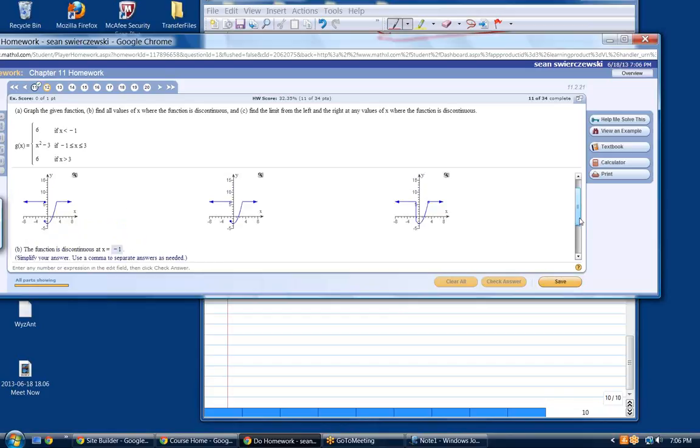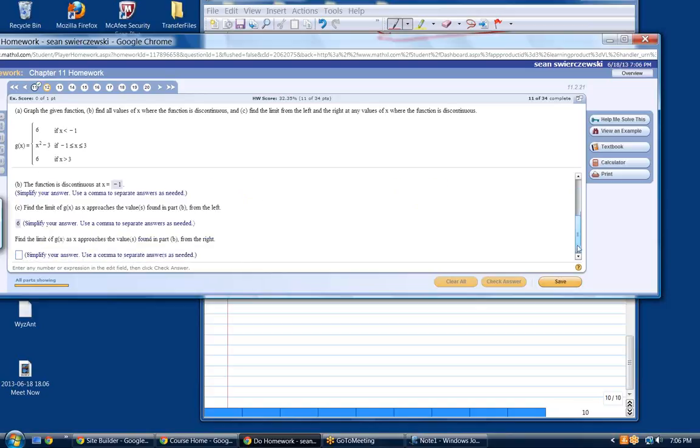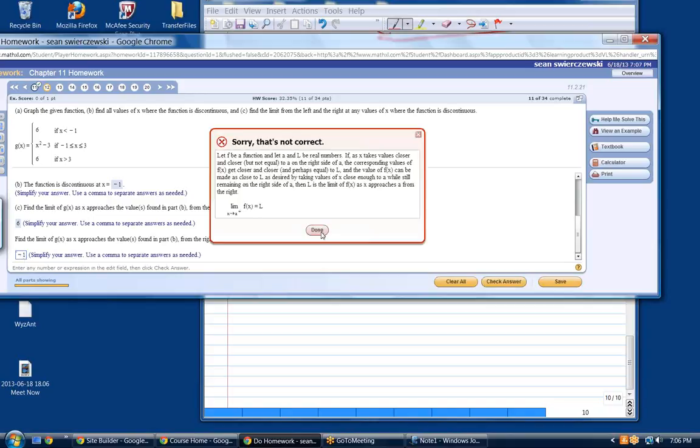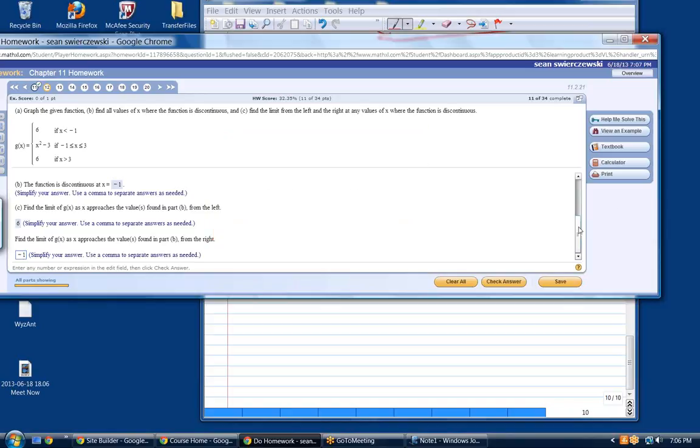Oh, no, you're right. It is -1. Why was I reading that wrong? We're approaching -1 from the right.